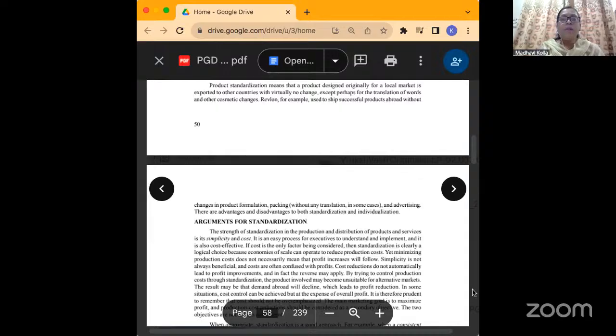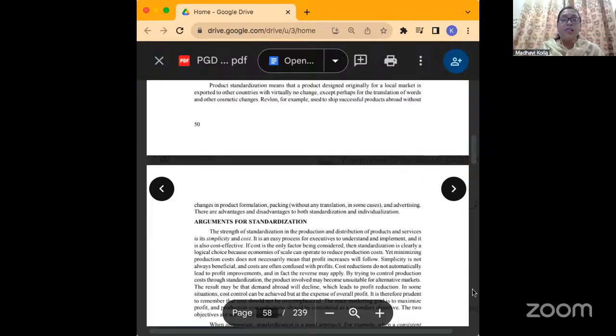So, what we are primarily talking about is some cosmetic changes that occur. It could be in terms of the color, it could be in terms of packaging, it could be in terms of the quantity or size of the product. Those kinds of variations are possible from country to country in the domestic versus international market. However, we are not saying that you are creating an entirely new product from scratch.